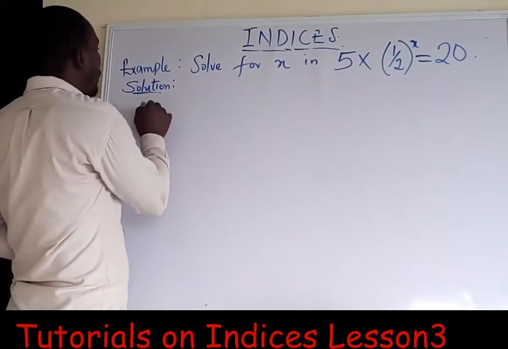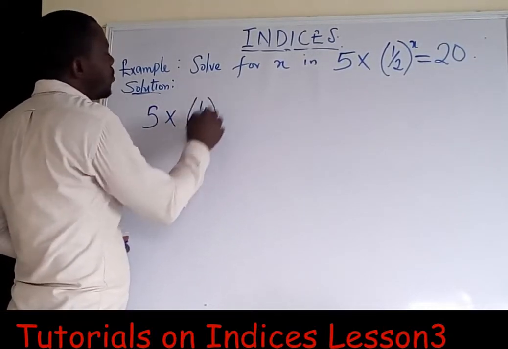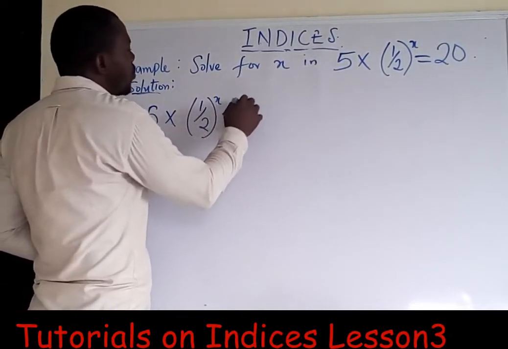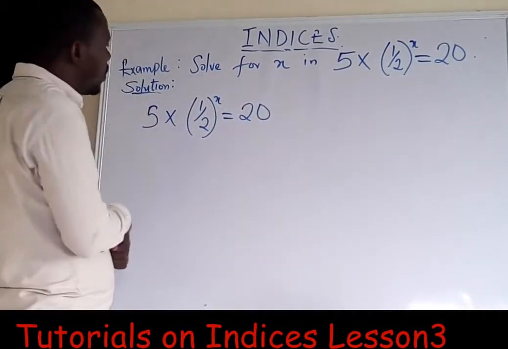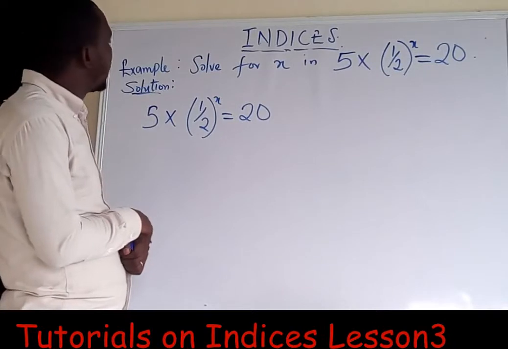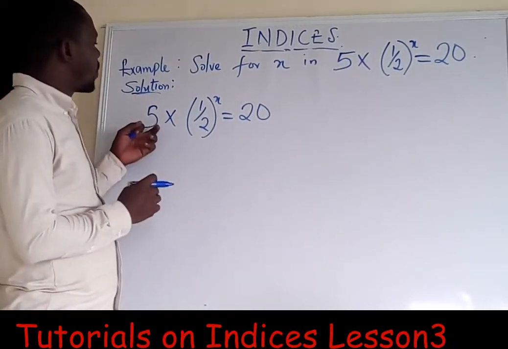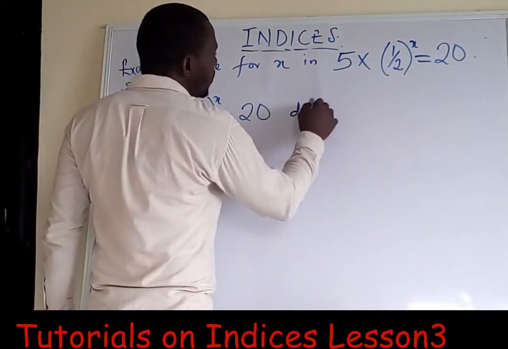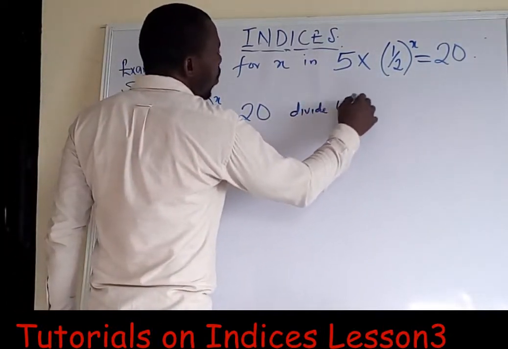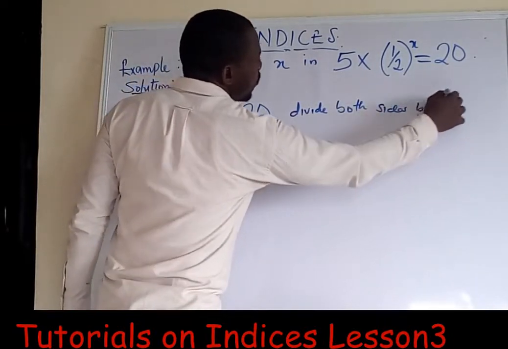So we have 5 multiplied by (1/2)^x equals 20. Now, the first thing that I think we need to do here is to try to get rid of this 5. So we can say divide both sides by 5.